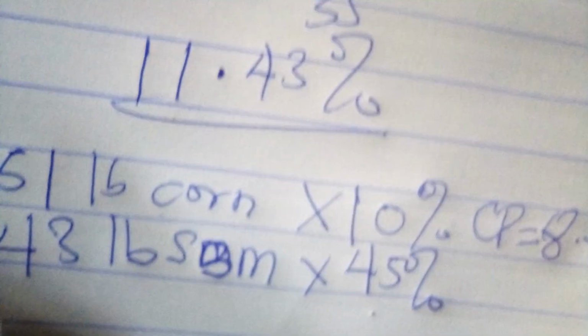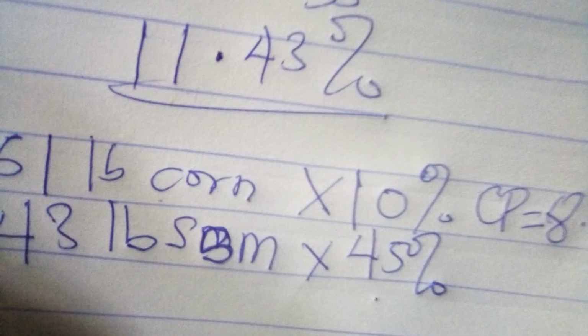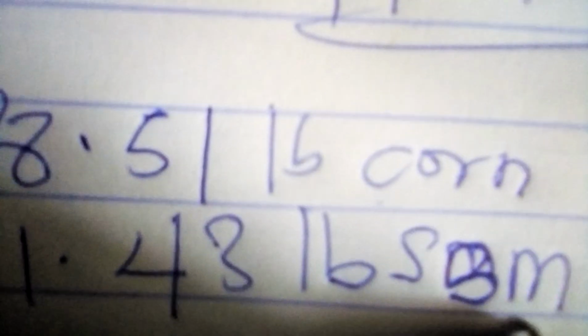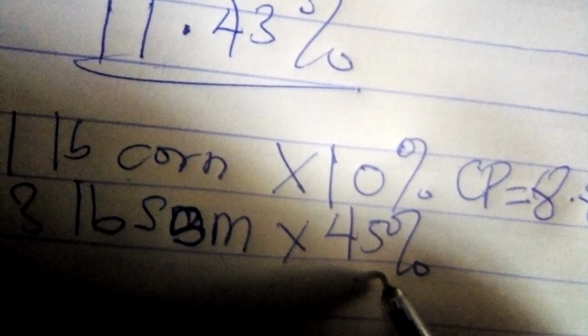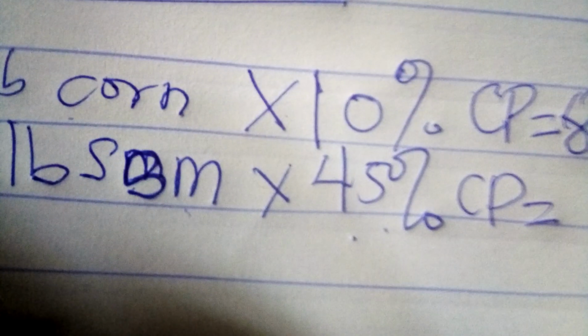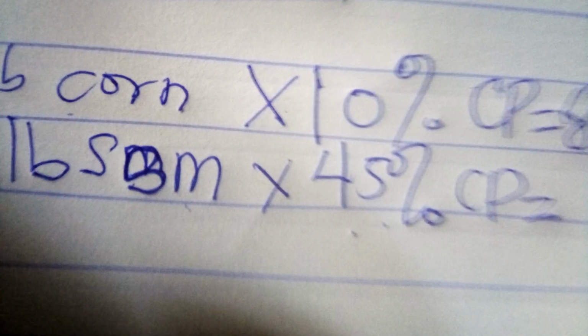When you calculate that, 11.43 IB of soybeans meal times 45% crude protein, your answer will be 5.14.